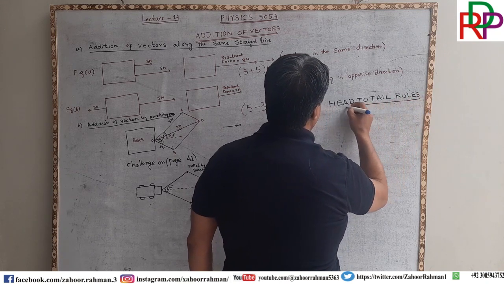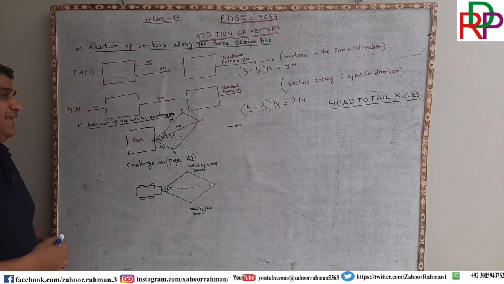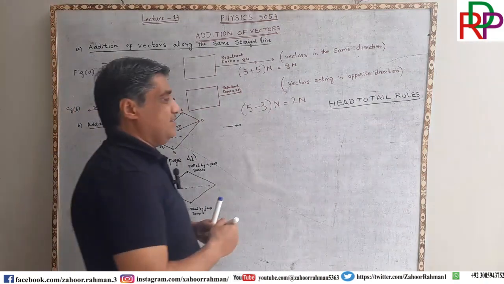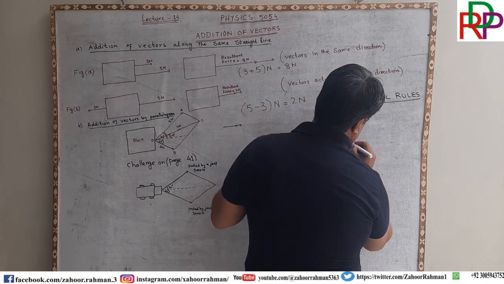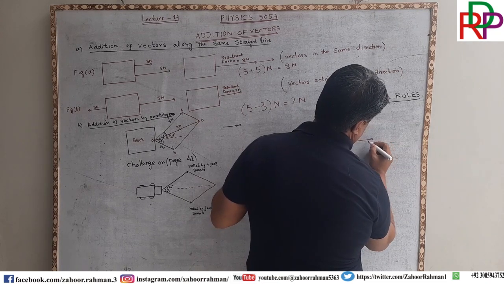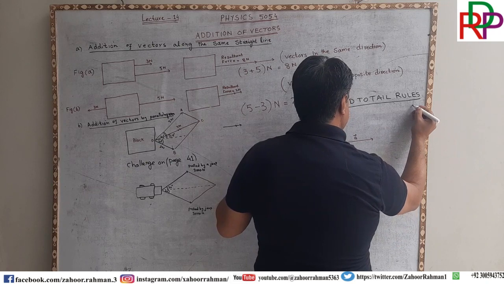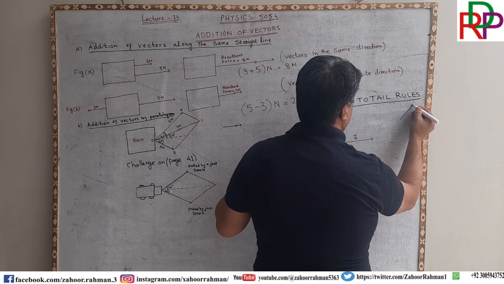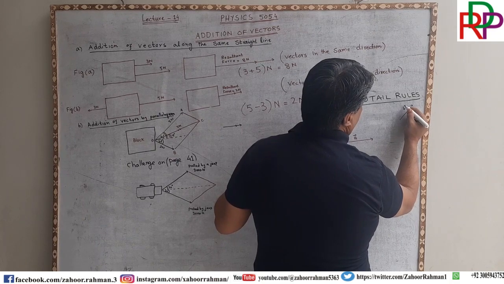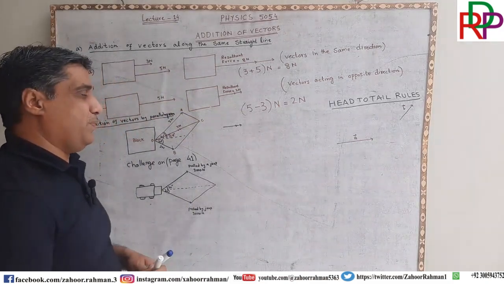Head to tail rules are a special type of rules in which we can add two vectors. For example, there is a vector which is A vector, and there is a vector which is B vector. And now we want to find the sum of these vectors.